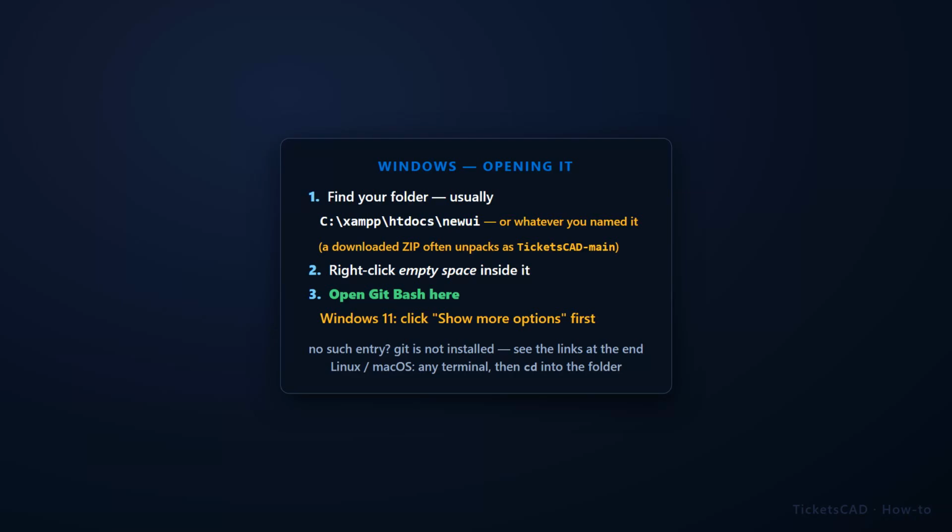With XAMPP, it is usually inside the XAMPP folder under htdocs. Right-click on empty space inside that folder and choose Open Git Bash here. On Windows 11, you may have to click Show More Options first. If that entry is not there at all, Git is not installed yet, and the Windows walkthrough linked at the end covers installing it. On Linux or Mac, open any terminal and change directory into the folder.